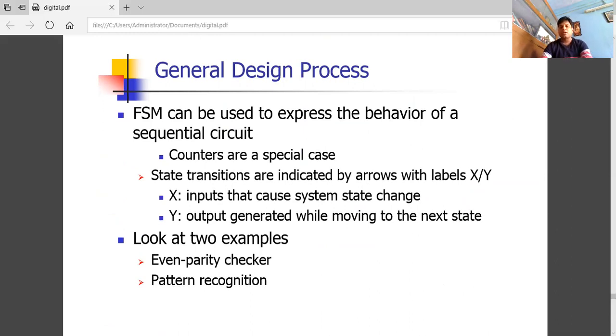State transitions are indicated by arrows with the label x/y, which is the main component mentioned in the diagram. Here x is the input that causes the system state to change, and y is the output generated while moving to the next state. We have to refer to two examples. We have the first example.